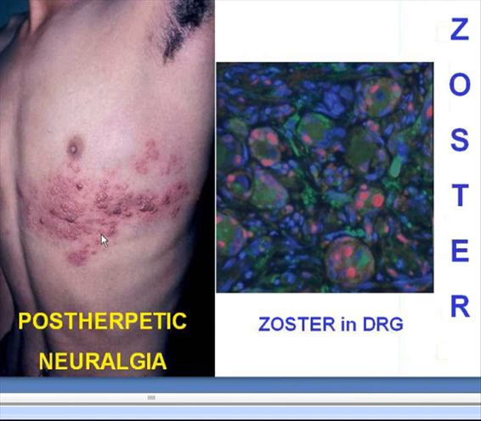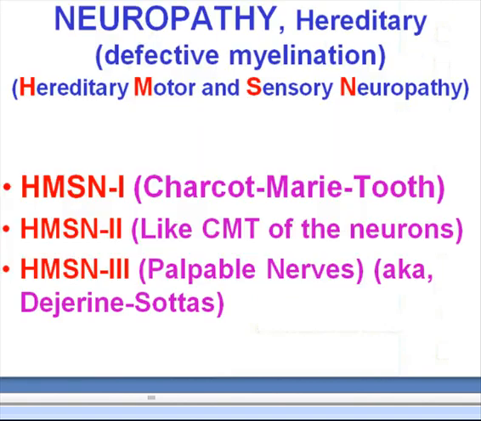But as time goes on and we get more into the understanding and classification of diseases, the classical Charcot-Marie-Tooth was only HMSN1. There's also another variant called HMSN2, and it's similar to HMSN1, but involves more the neurons, myelinization closer to the neuron than the HMSN2.